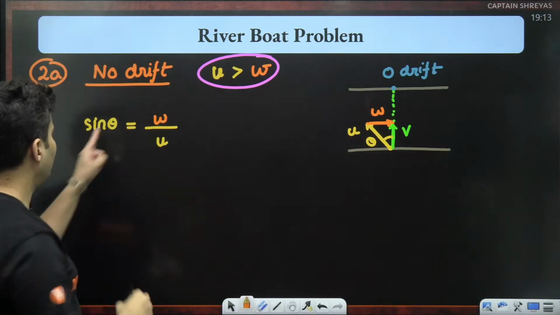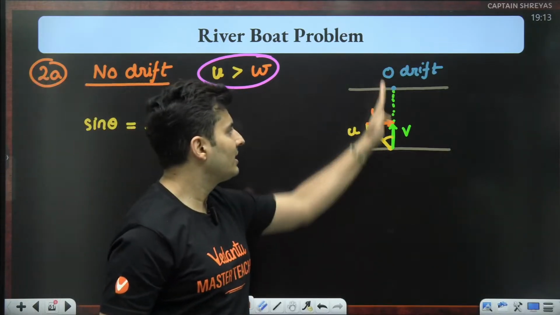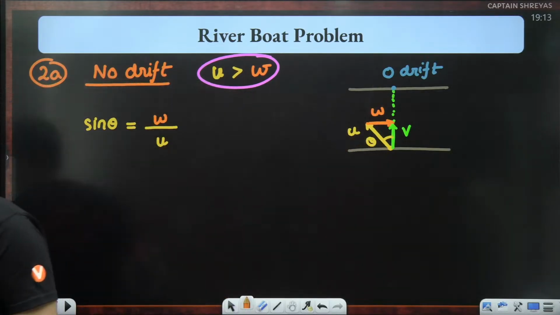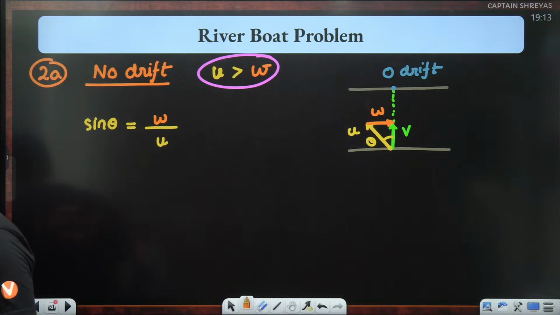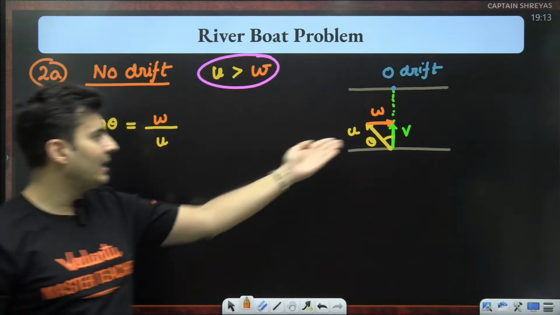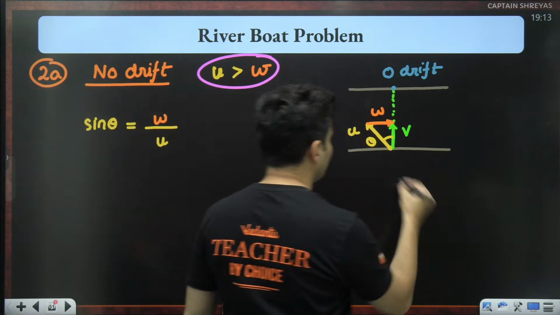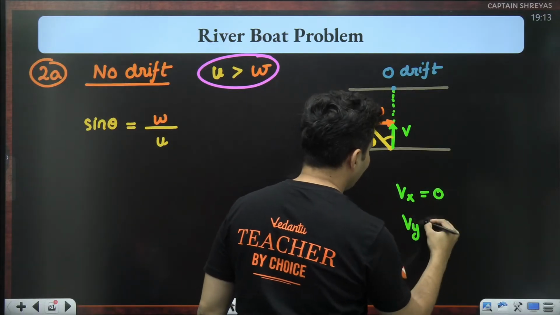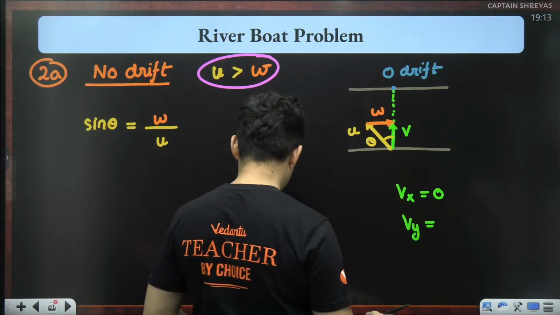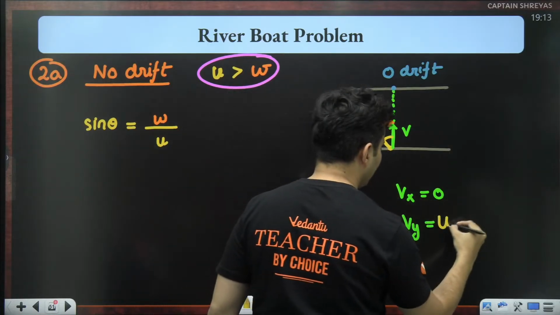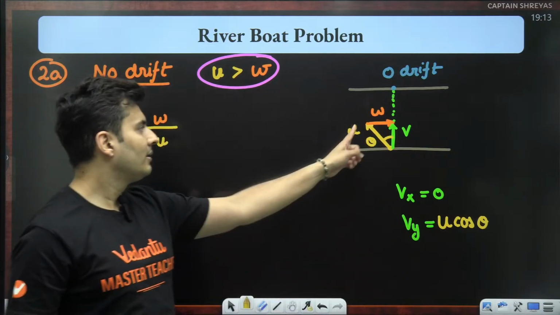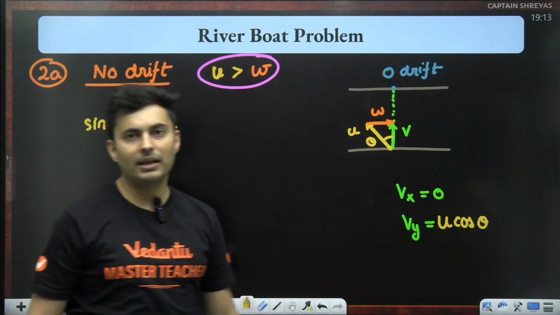That is the angle at which you will swim with respect to the perpendicular, so that you reach with zero drift. Vx equal to 0 is possible. Over here, the Vx value is 0. What is Vy? Vy is nothing but u cos theta. I hope you can see that.